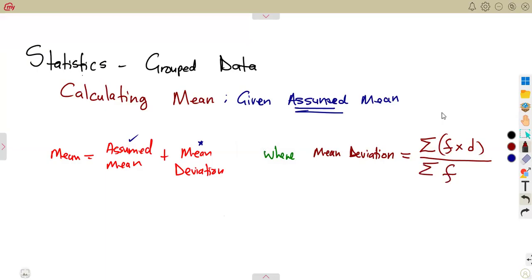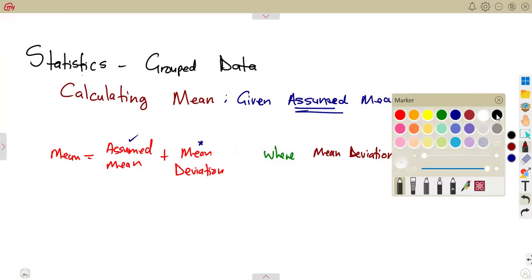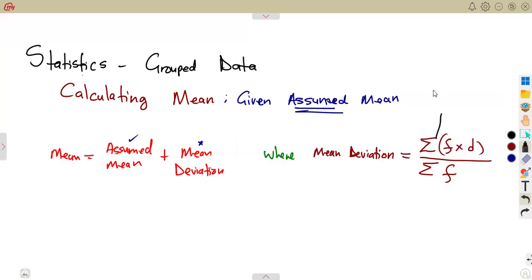So these formulas, guys, I want you to get used to them. So this simply means what? Sum of frequency times deviation: you must find frequency times deviation, and you add them.